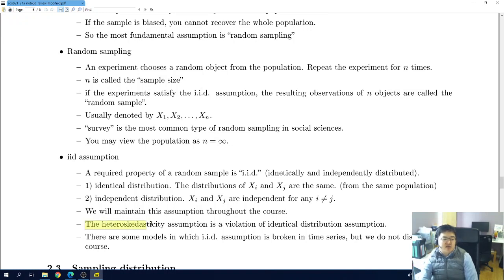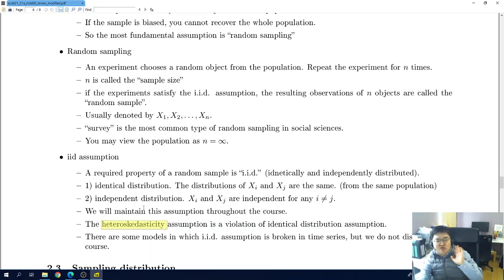Another interesting thing here is that heteroscedasticity of a regression model is a violation of the identical distribution assumption. Heteroscedasticity implies that the variance changes as x changes across observations. So it means that distributions are not identical. But there are methods to handle heteroscedasticity.